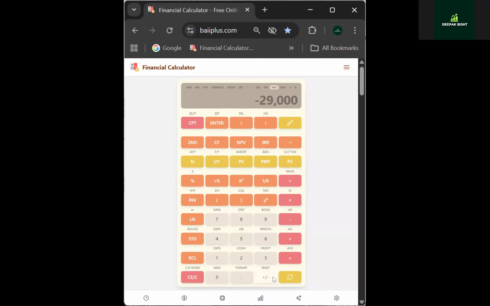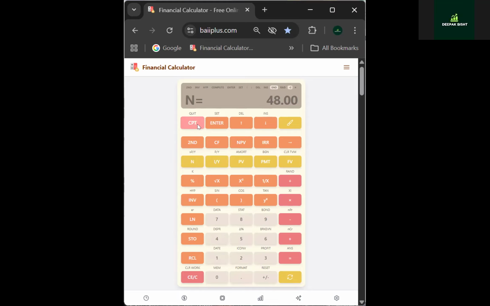I'm going to set it as negative because of cash inflow and outflow. Negative doesn't represent inflow, or positive doesn't represent outflow, it's just so that it's easier for us to calculate. Payments is you are going to pay 500, and I'm keeping this as a positive number, so this is an outflow, and we need to calculate I/Y.